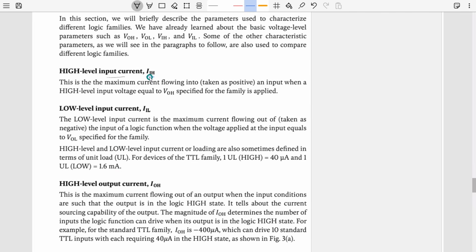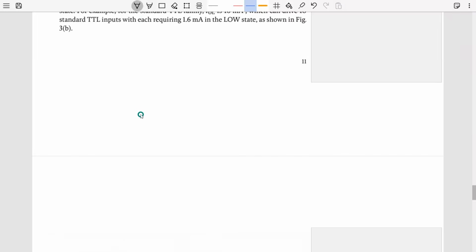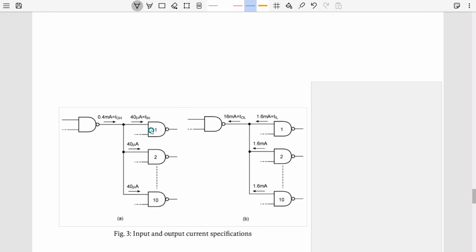But you have to understand, we know from the concept of logic levels that to give logic high here, we can provide any amount of voltage. If we follow the requirement, I can give any range of voltages starting from 5 volt down to the minimum voltage, which is VOH.